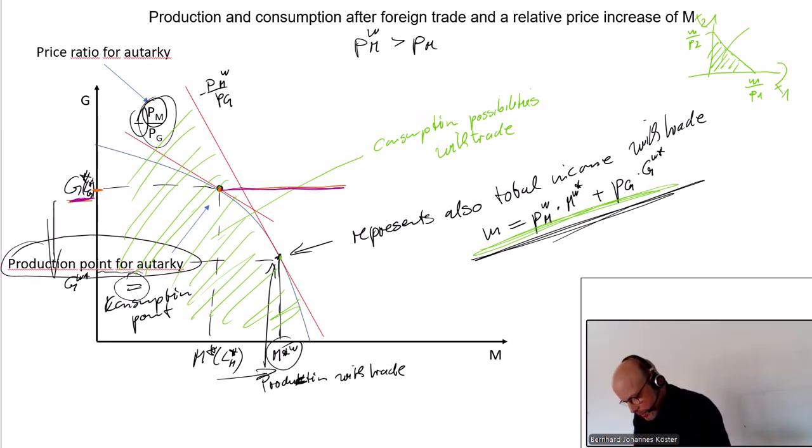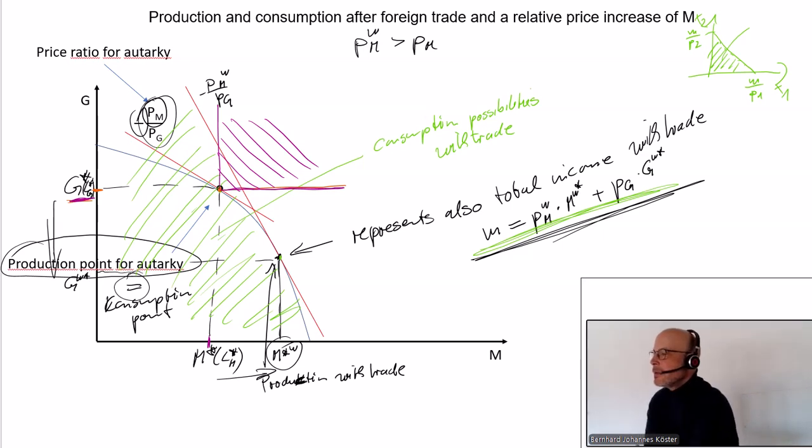The same argumentation we can make starting from the initial autarky level of industrial products and now more agricultural products, we also feel better. And if we are increasing both amounts in parallel, then, due to more is always better, we are also happier. So everything in this quadrant is the area where we would be better off than before.